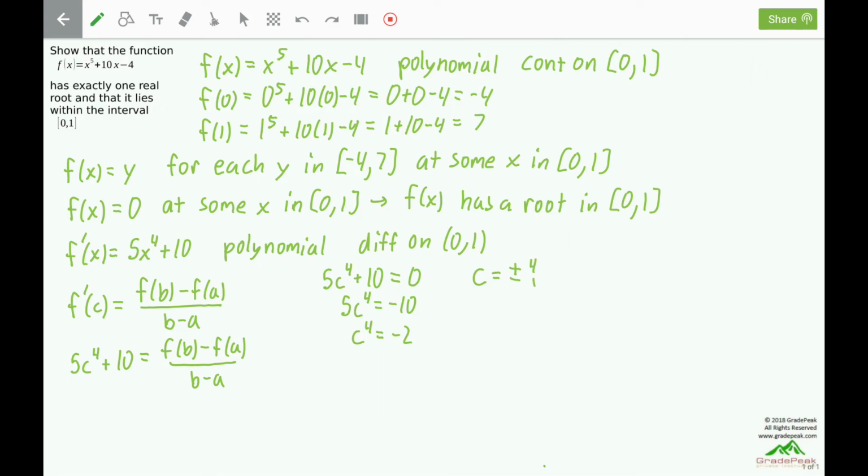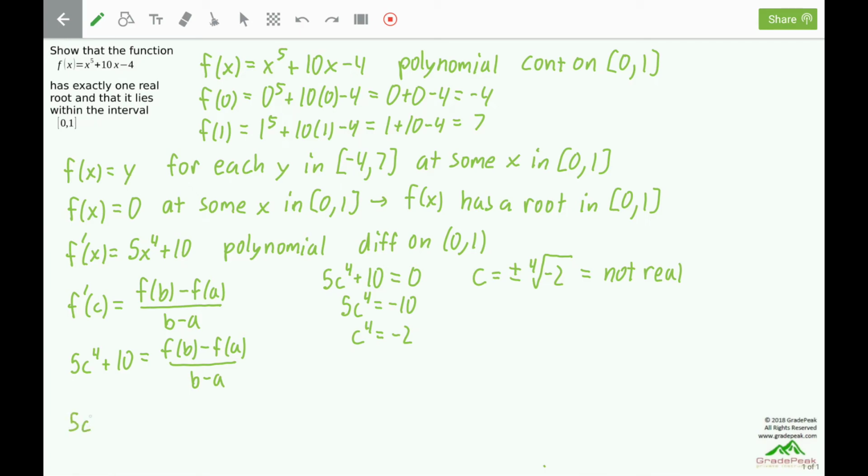And it will be the fourth root of negative 2. Just like the square root or any even root, the fourth root of a negative number is not a real number. And therefore, we have no real number that makes the derivative equal to 0, so the derivative cannot be 0.